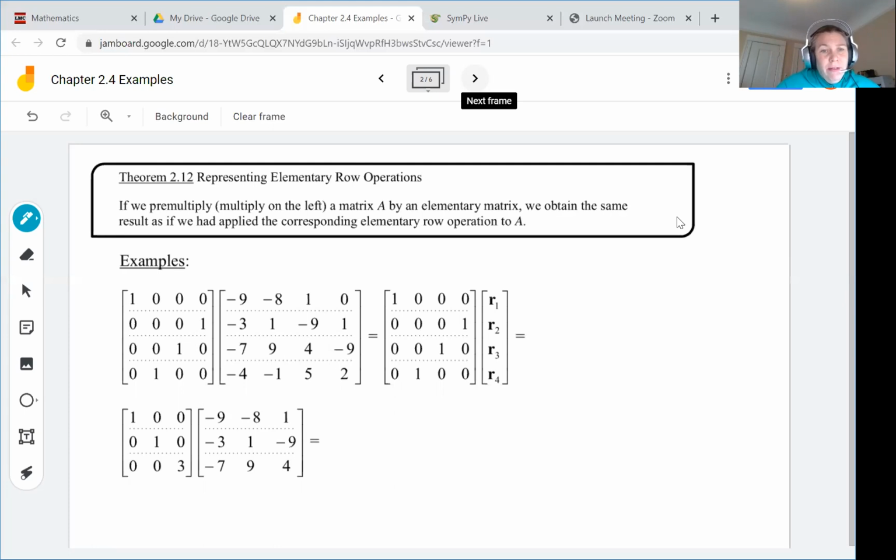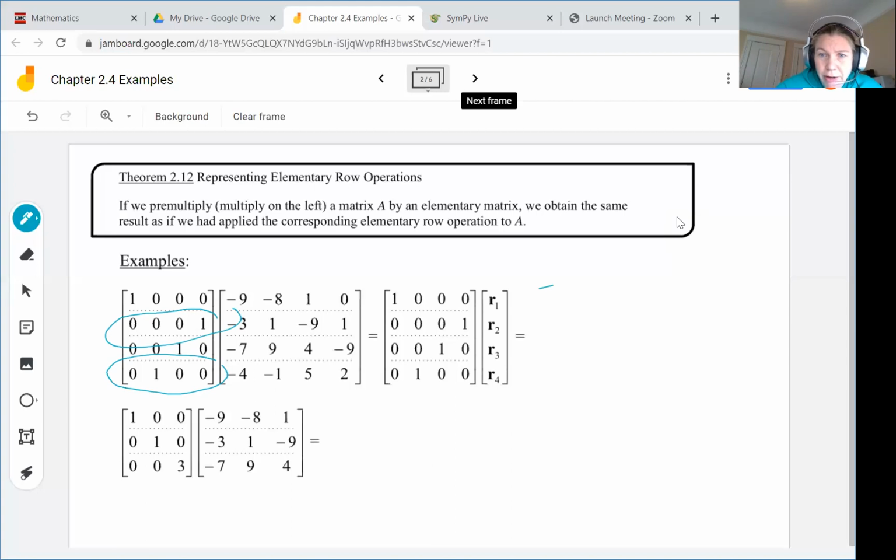In our first example, take a look at what's happening here in the elementary matrix. Rows 2 and 4 are swapped. When we multiply through, if you want to think about the matrix we're multiplying by in terms of row 1, row 2, row 3, row 4, you can always write this simplified notation here.